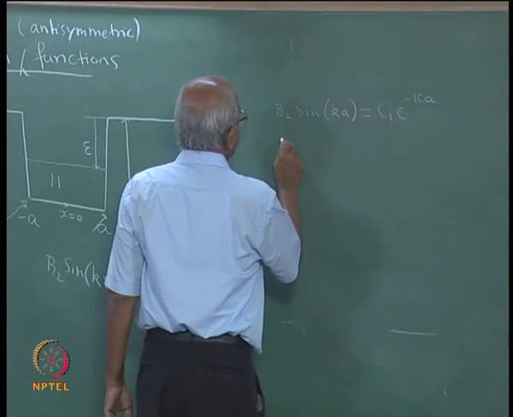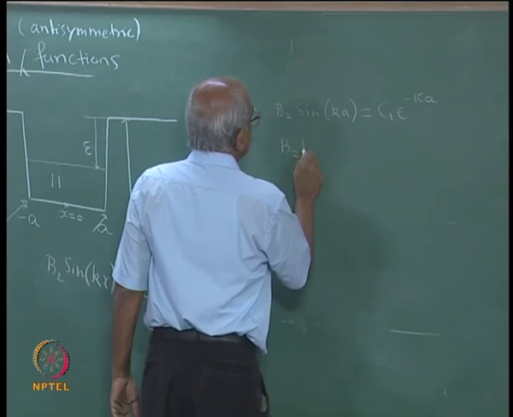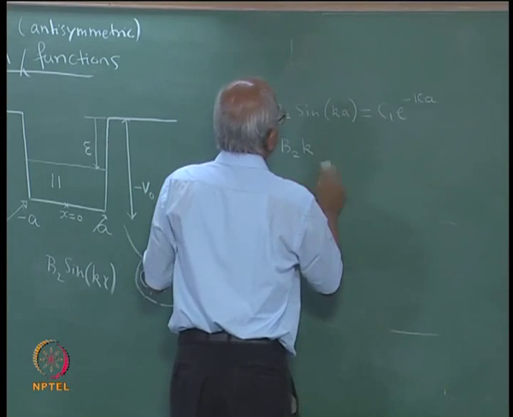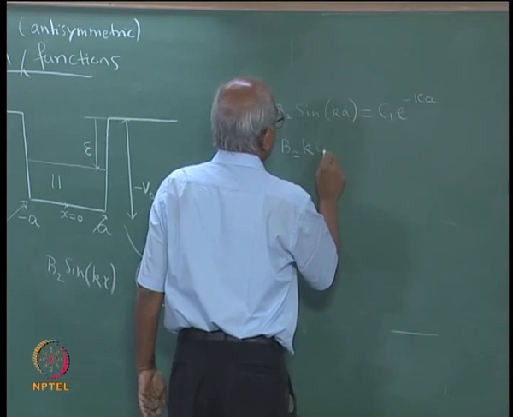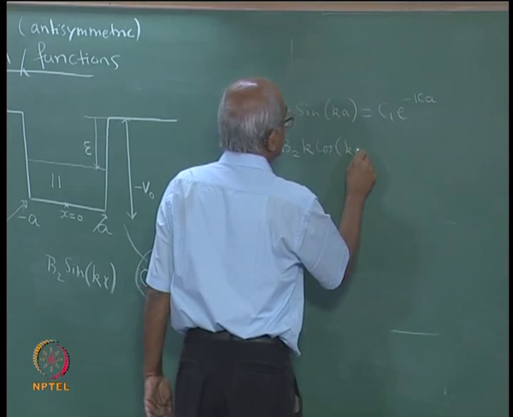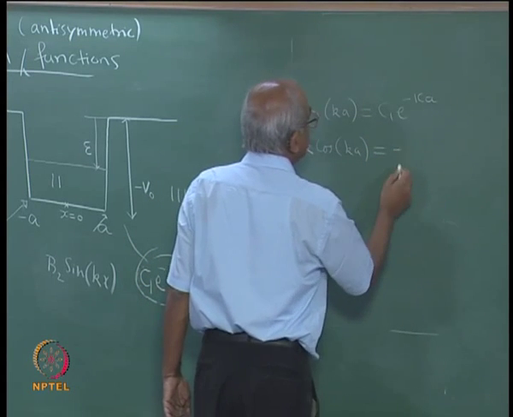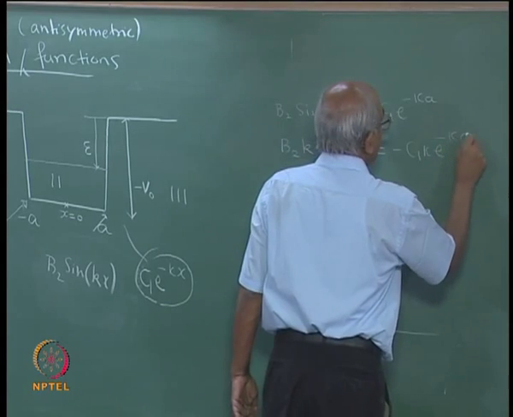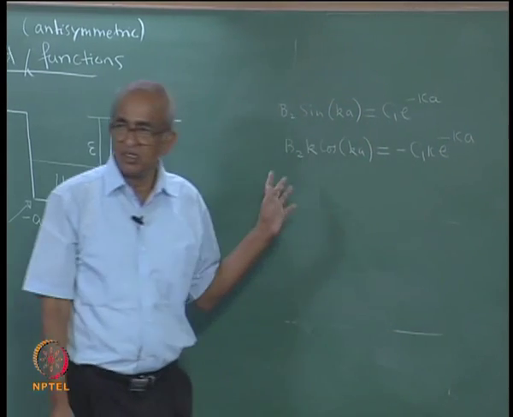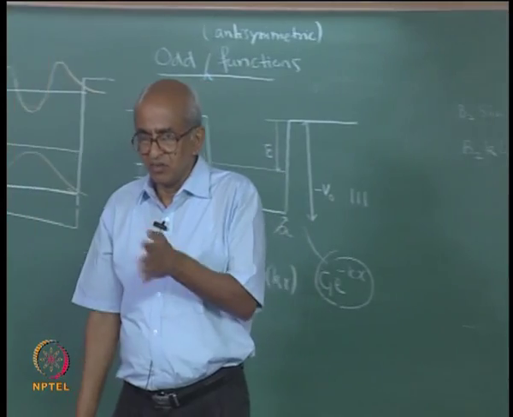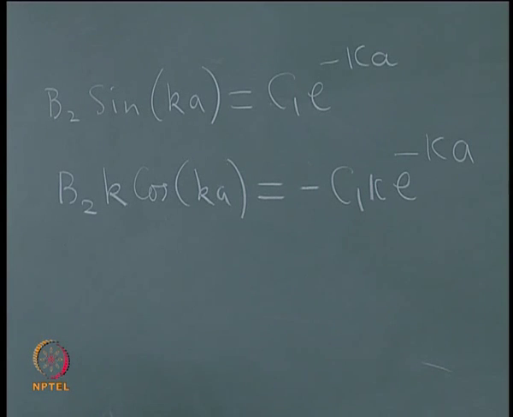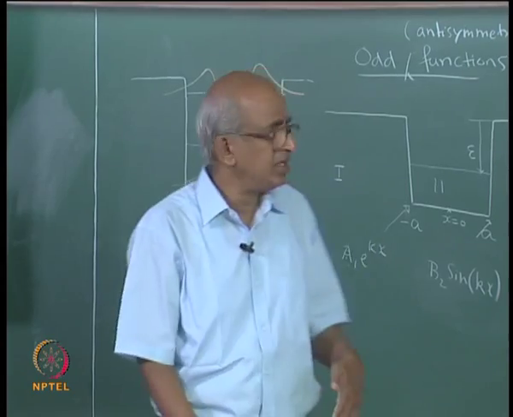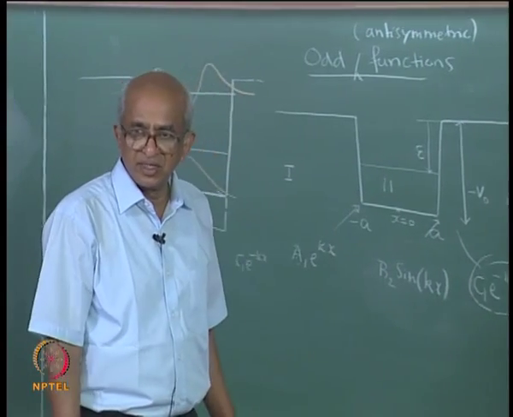I can easily write it; I will just write it because I would like to finish this part quickly. If you evaluate the derivative at the boundary using the two functions, the function on the right hand side as well as the function on the left hand side, and then put them to be equal, this is what you are going to get.